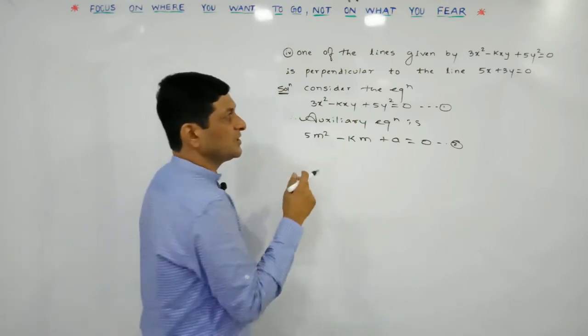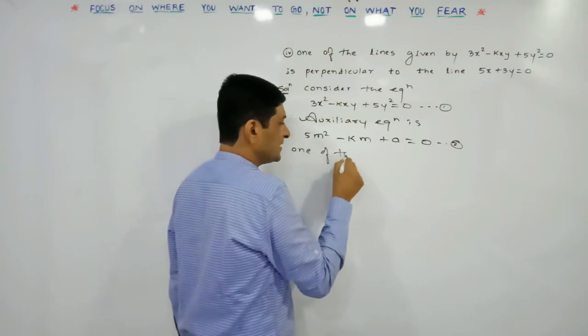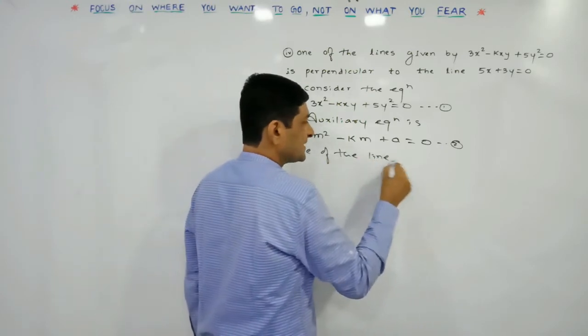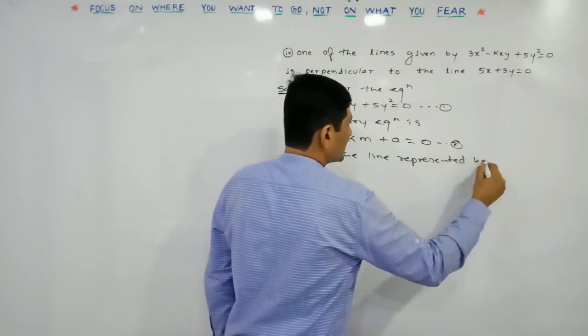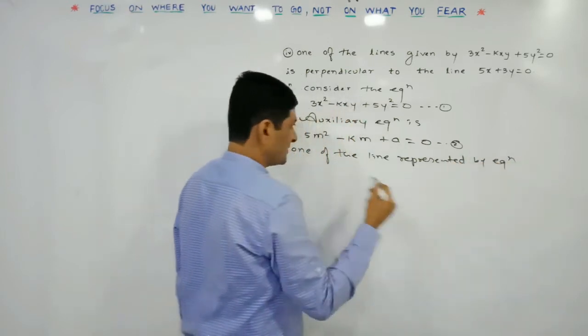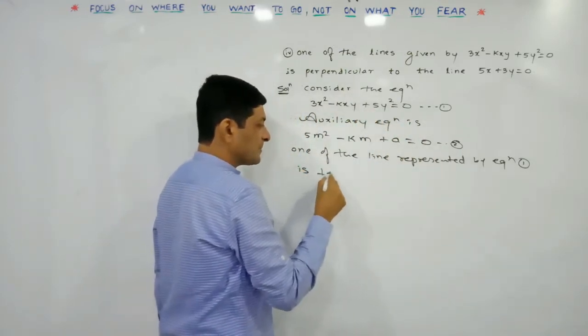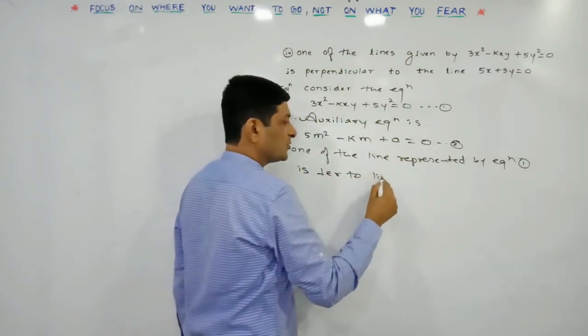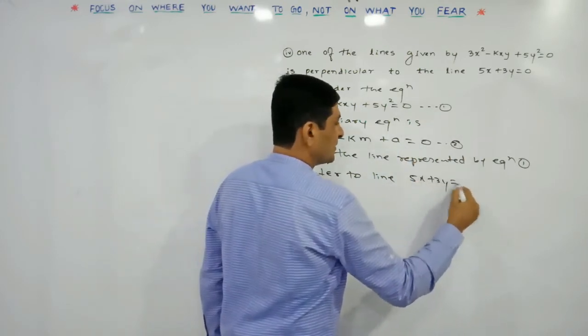Now we are using the given condition. One of the lines represented by equation first is perpendicular to the line phi x plus 3y is equal to 0.